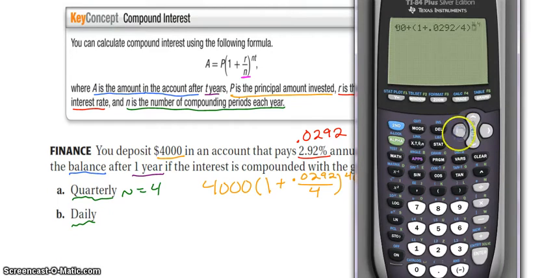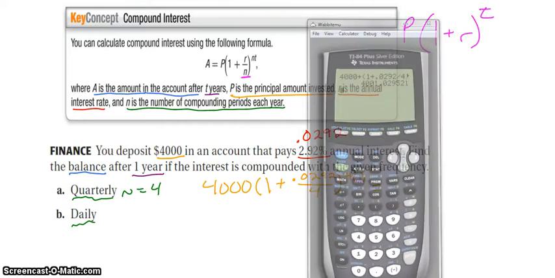I've already got that typed in, as you can see. So you do want to make sure that your whole rate, your parentheses here is still in parentheses up there. And then that gives us, since it's money, we definitely want to make sure that we round to 2 decimal points. So $4,001.03.